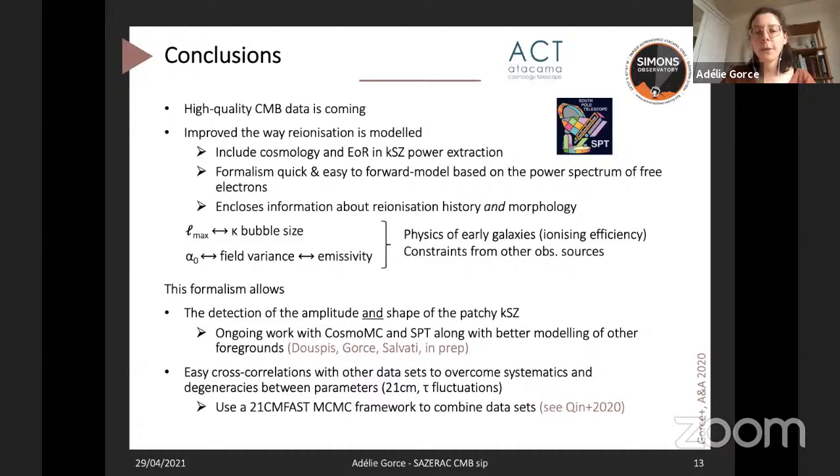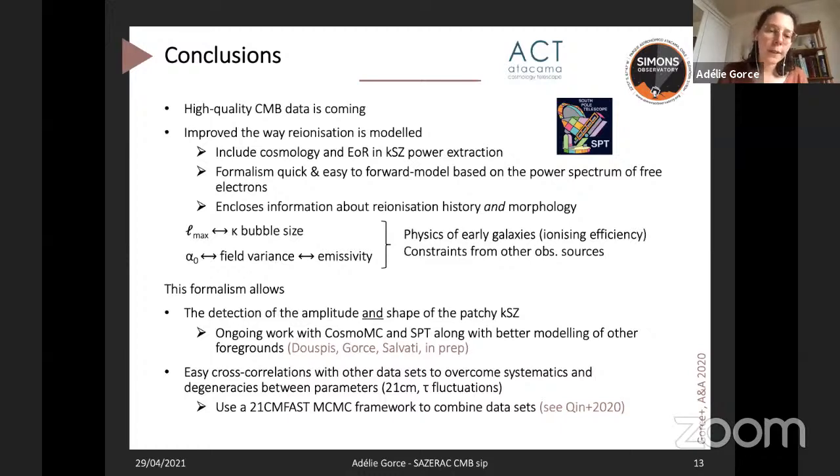So we have two parameters that we understand really well and that will allow us in a second time to cross-correlate with other data sets, for example, if we measure alpha naught or the typical size of bubbles from 21 centimeter intensity mapping. Those are the two different paths we want to follow after this paper.